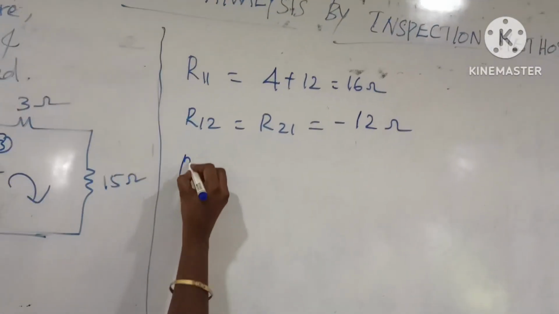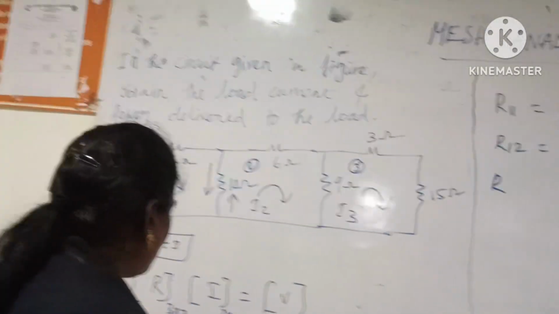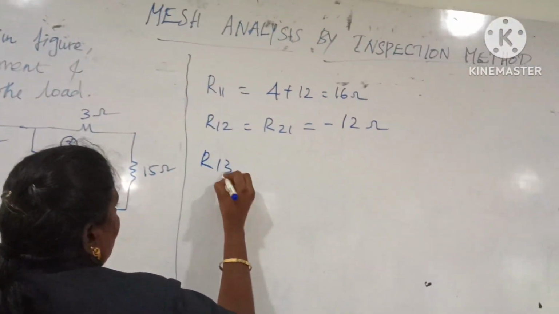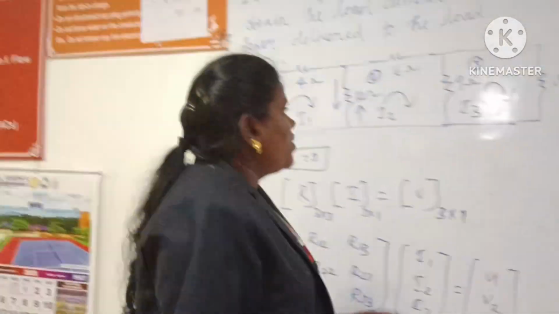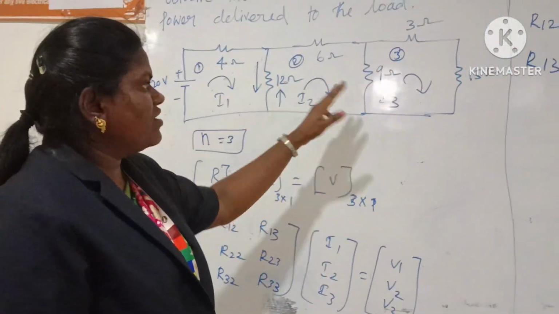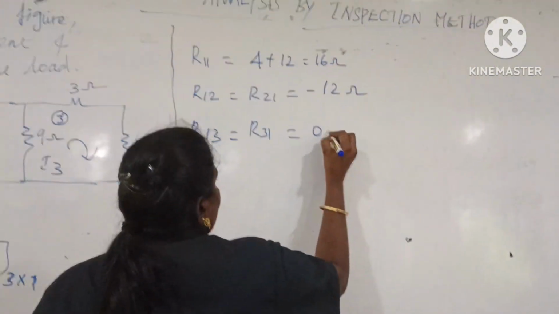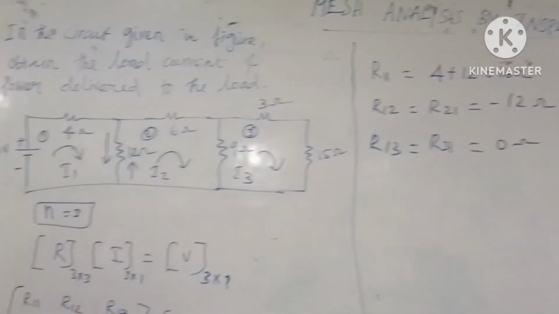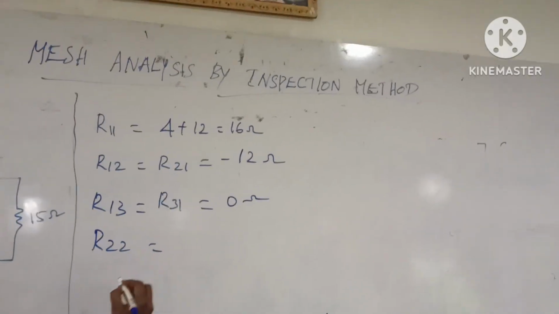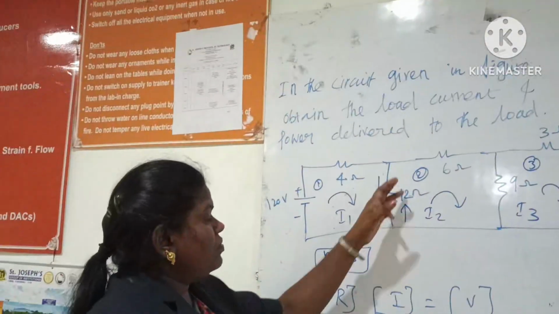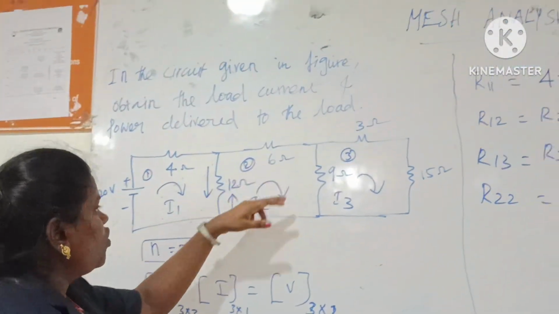Next one, R13. R13 is equal to R31. The common resistance between loop 1 and 3 is 0. Next one, R22. It is the sum of all resistance in loop 2.